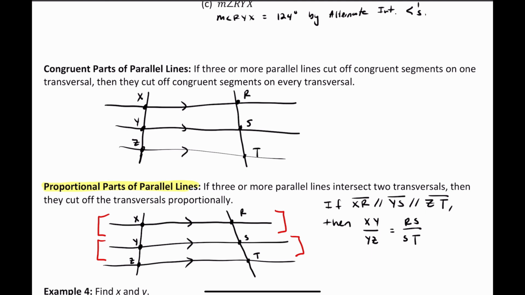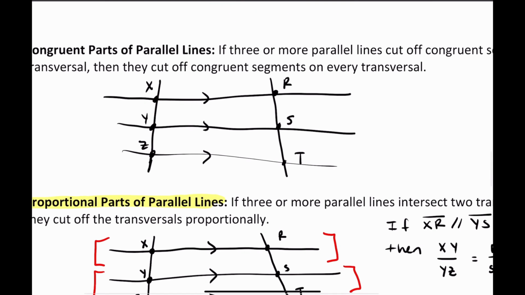The difference between these 2 theorems is that if you see a tick mark here and a tick mark here, that means that these segments are congruent. So if you have these 3 parallel lines and you see these 2 segments congruent, that means that these 2 segments are congruent as well. We're going to draw 2 tick marks there.